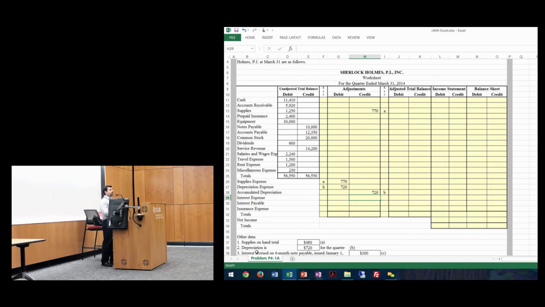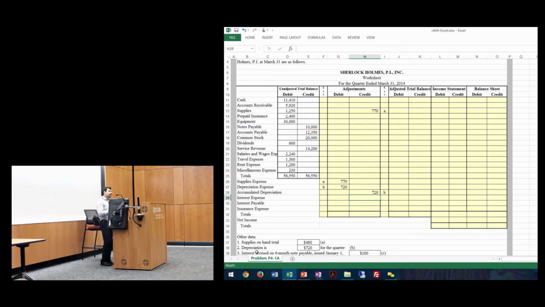They are not telling you it's the 300 interest for the 6 months. This is the amount of interest that has accumulated until the day of the worksheet.